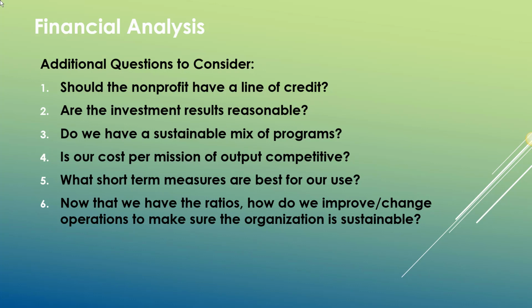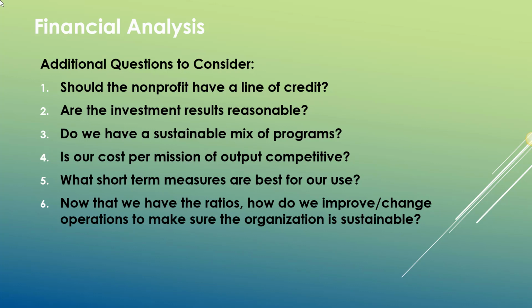Number 5, what short-term measures, and I might as well say what long-term measures, are best for the use of a particular nonprofit organization? Suppose you really don't take receivables, then that one's not one for you. But take a good look even at the liquidity ratios. Even though we say in general current assets divided by current liabilities, really look at the components of those current assets. Which one of those are really liquid?